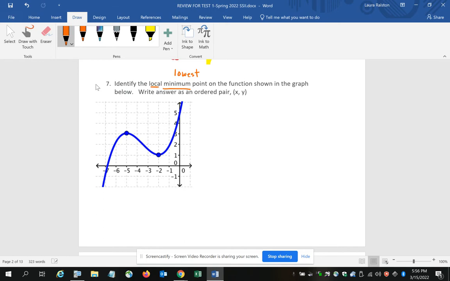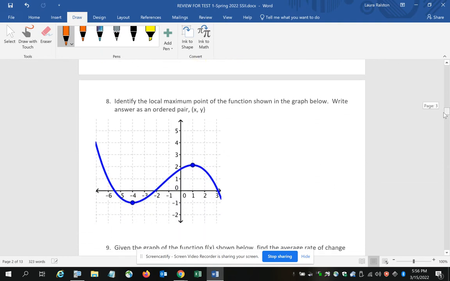Okay, and so if I'm looking at this graph, it looks like my lowest occurs at this point, and that point in terms of x, y would be (-2, 1). So my minimum point is (-2, 1). Okay, it tells me here to write it as an ordered pair, and it even reminds you to use x, y.